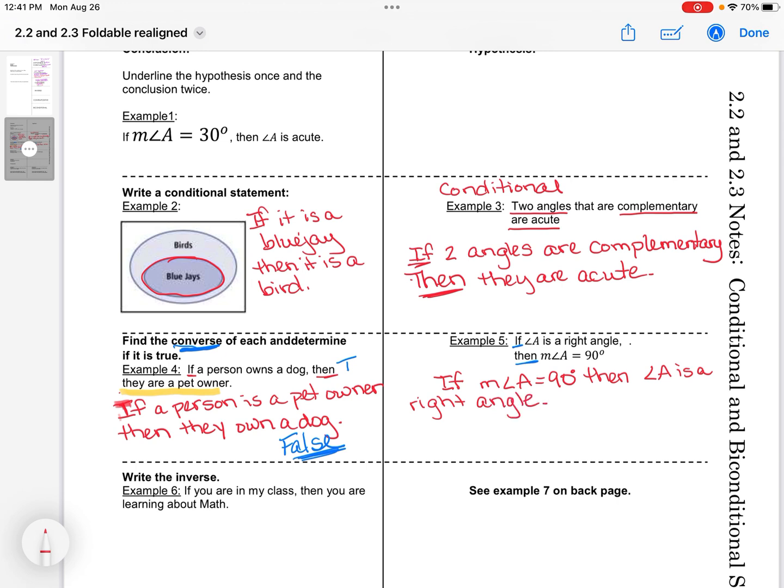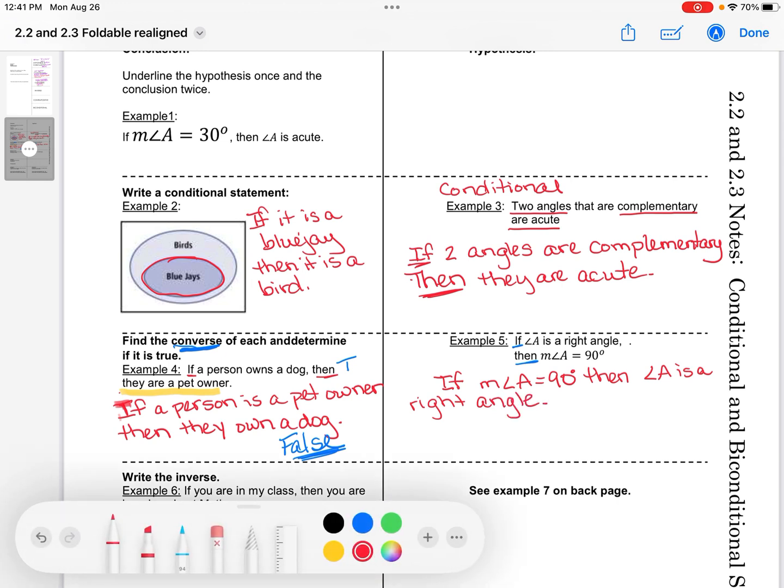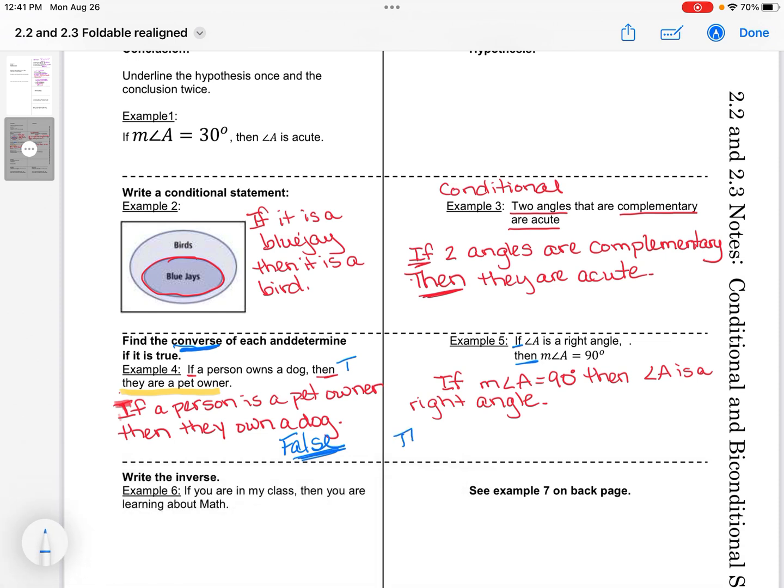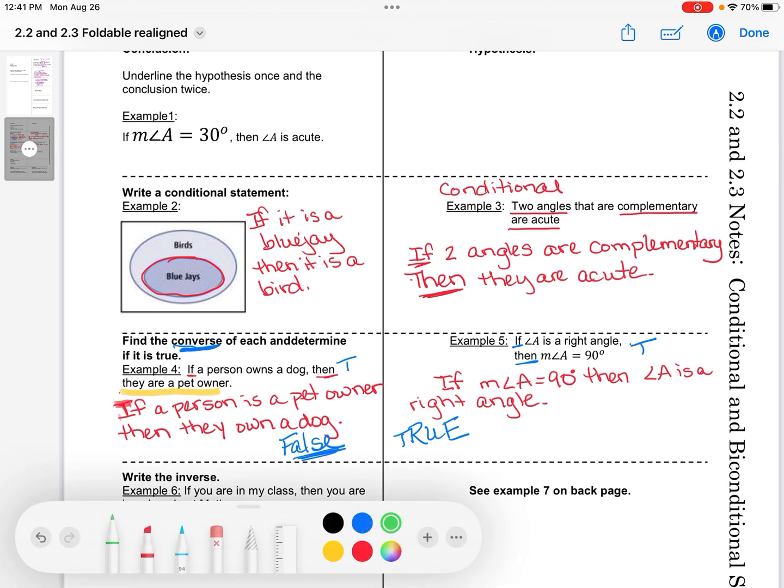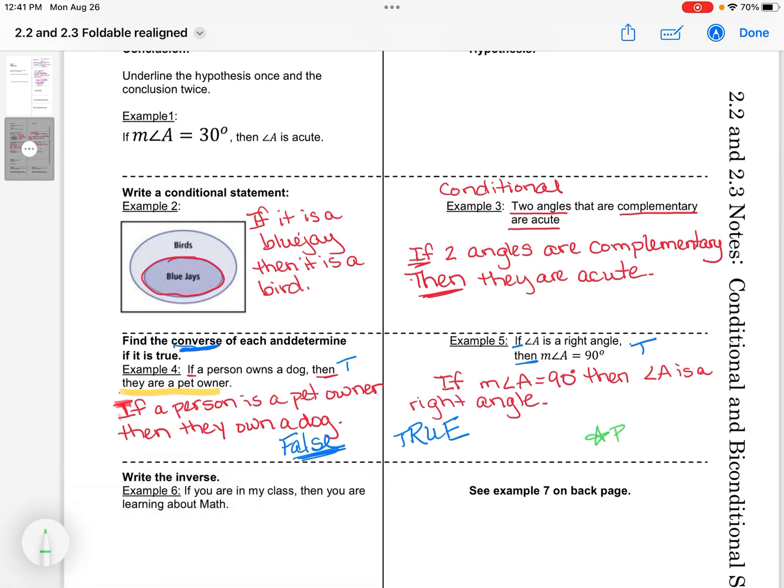And that is true. So they're both true. It's true frontwards and it's true backwards. I'll give you a little hint: when we get to biconditional, this one's going to work for biconditional. So we'll remember that, and then we'll come back to it.